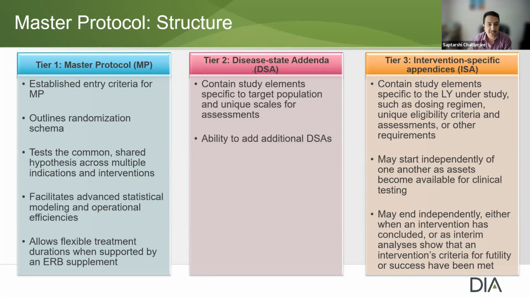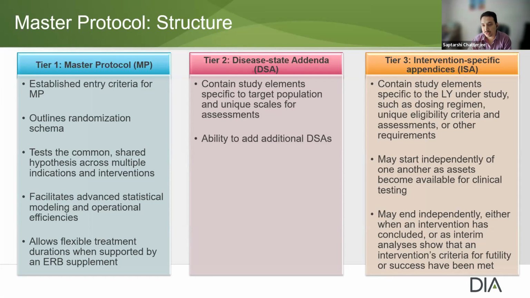or an indication, where some inclusion and exclusion criteria specific to that disease state were captured in that disease state addendum. And you can think of the ISA, the intervention-specific appendix, as a document where anything related to the asset that went into that ISA is captured.